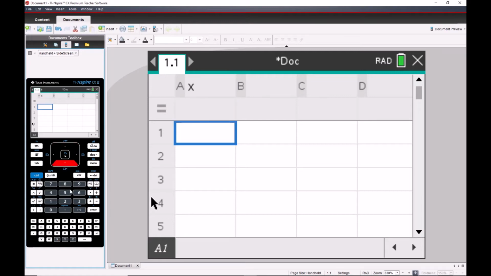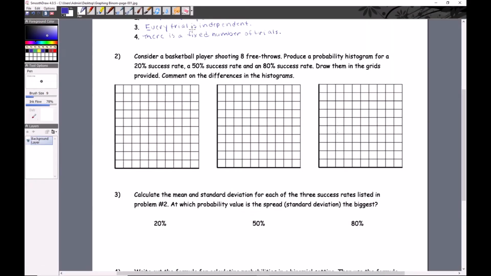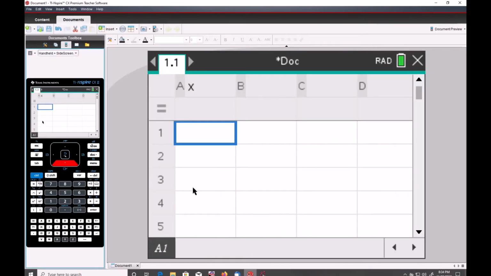And we do need the numbers since according to this, here it is, we have 8 free throws from a basketball player shooting them. And we want probability histograms for first a 20% success rate, then we'll change it to 50, then to 80, and we'll just look at the impacts that it has on drawing histograms and means and standard deviations and whatnot.